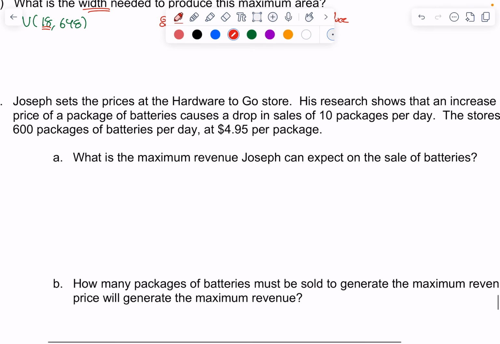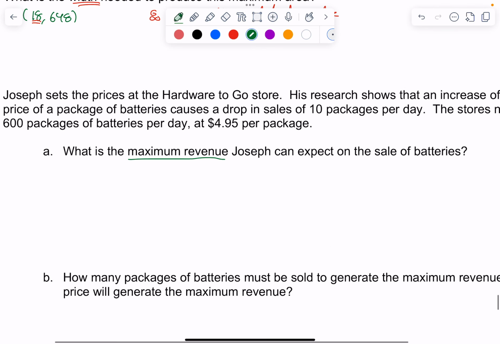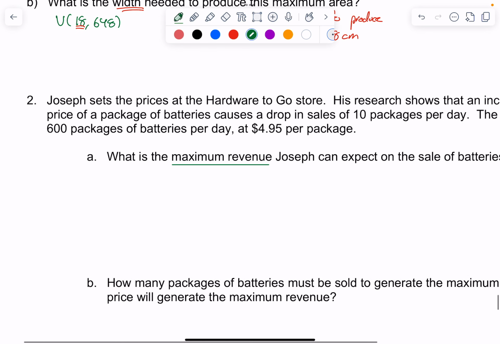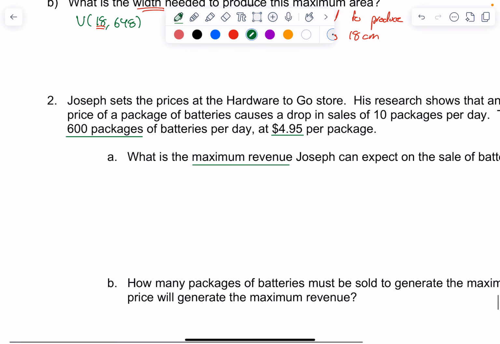So if you think about these problems, revenue, all right, what is the maximum revenue? Well, let's get an idea of what revenue actually is. If you sell 600 packages at $4.95, well, your revenue would be 600 packages multiplied by $4.95.